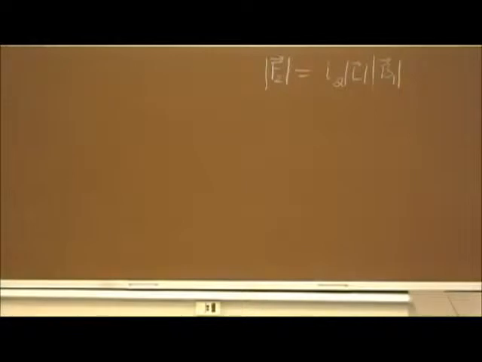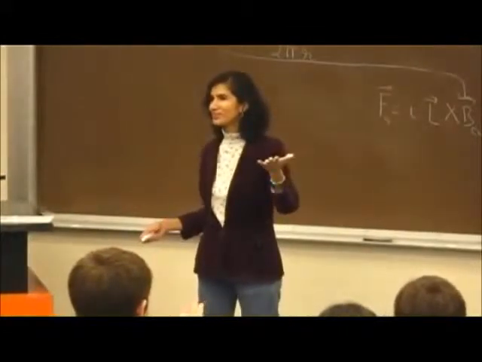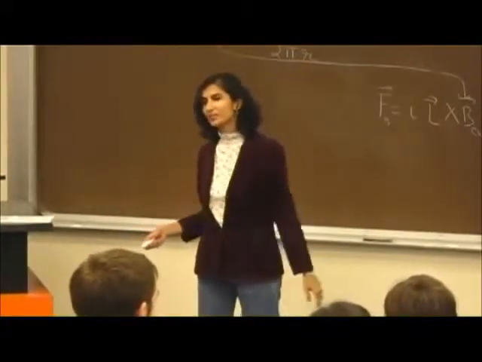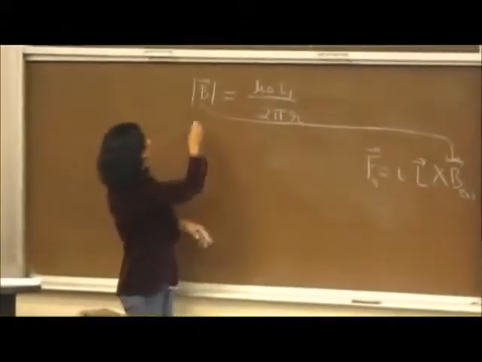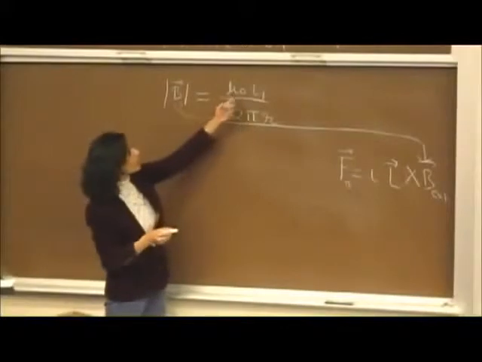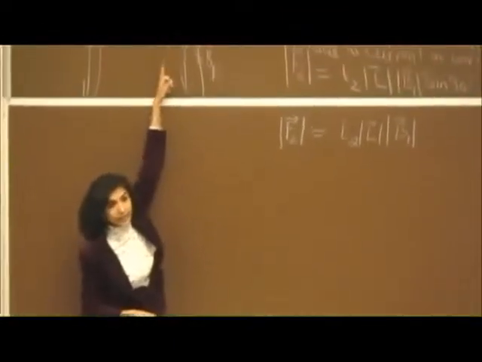What is the magnitude of B1? Somebody from that side, what is the magnitude of B1? B1 is the magnetic field that is produced by wire 1 at the location of wire 2. So what is B1? Anybody folks, what is B1? Go ahead please. Mu naught I over 2 pi r. Yeah, I already wrote, actually, this is B1 because this is mu 0 I1 divided by 2 pi r. The r here is d, right?